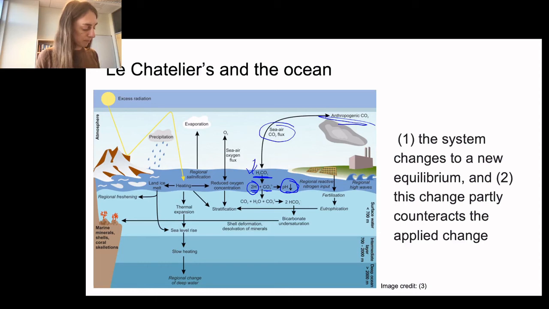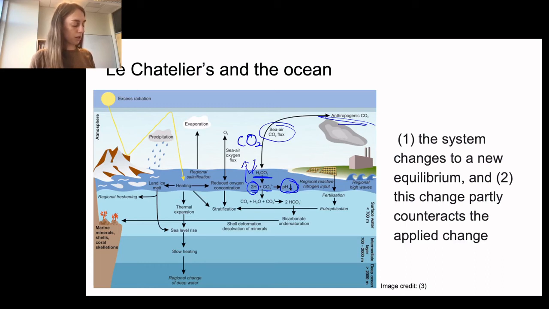So if we do that, we are creating this acidification process. And so this is how Le Chatelier's comes into play. If we have more reactants, more CO2 in the atmosphere, we're going to have to shift in this direction along the carbonate system to account for that.